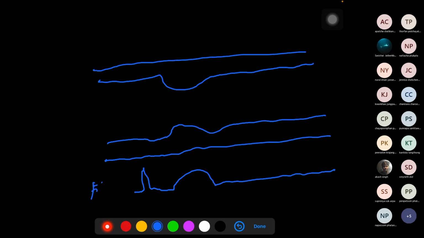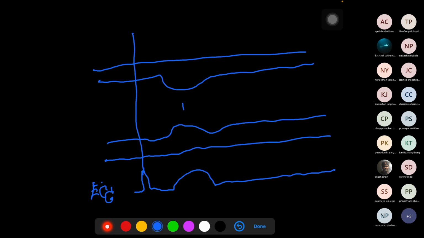When you use the M mode across the LV from the parasternal long axis or parasternal short axis at the mitral valve level, at the papillary muscle level, you got this picture and you measure it here during the diastole and systole.